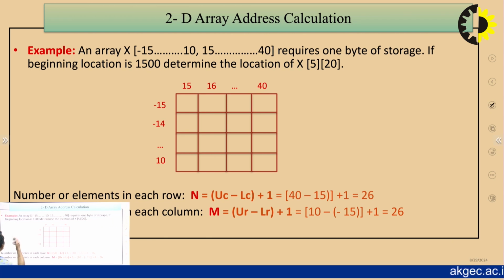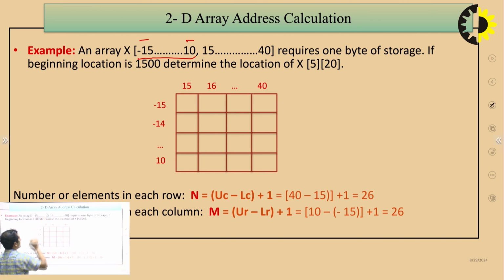Now take an example: an array X. Here the row index starts from minus 15 and goes up to 10, and the column index starts from 15 and goes up to 40.